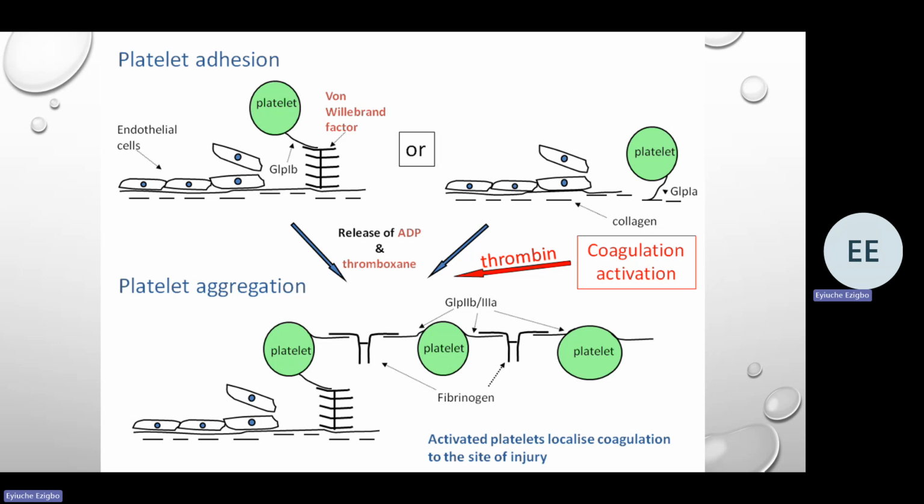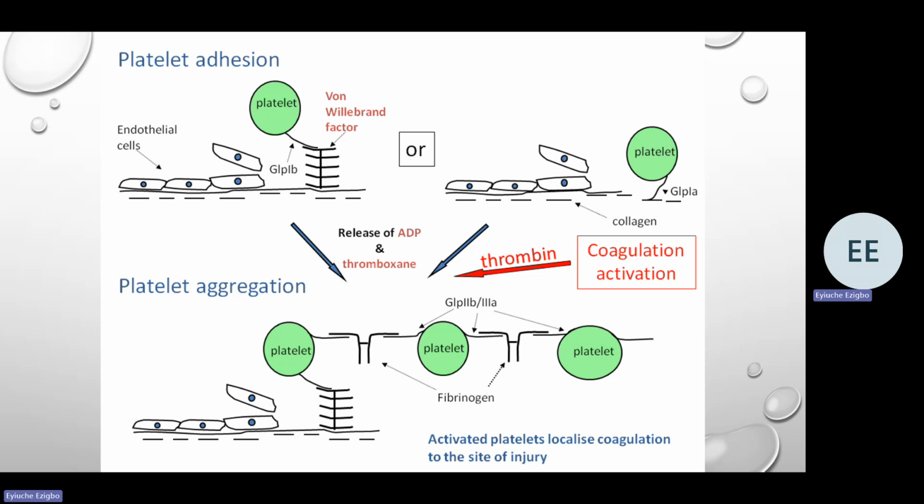Primary hemostasis basically ensures the formation of a platelet plug, and these platelet plugs are unstable, so that if they are not acted upon by the secondary hemostasis, they can easily be carried away as the blood flows through the system.